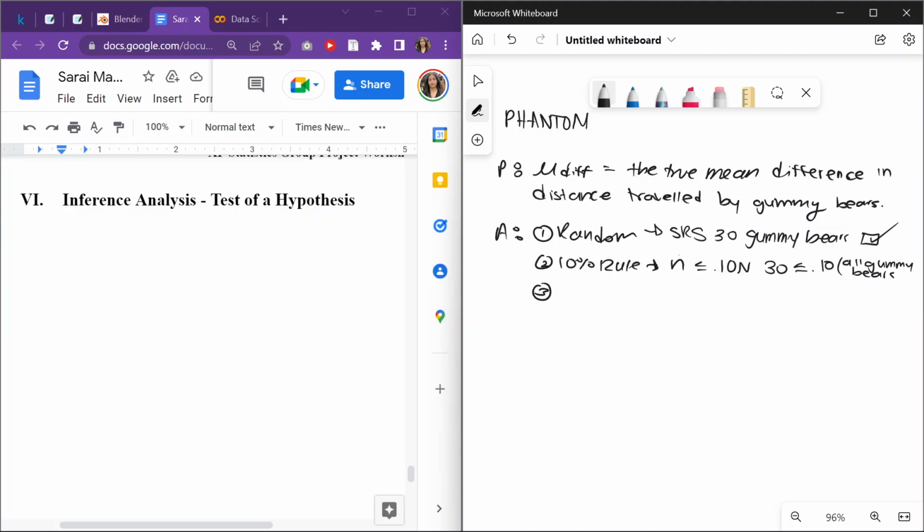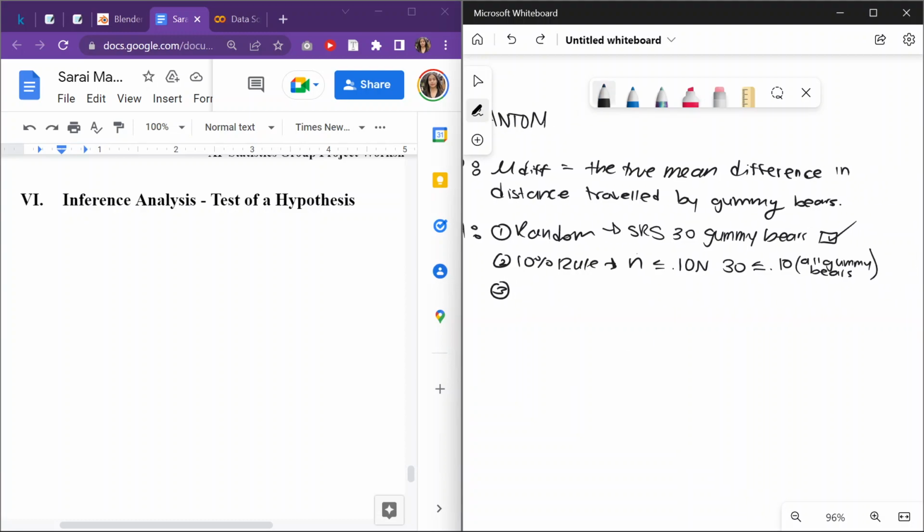We don't know the actual size of all gummy bears, so we just say that this is reasonably true. We can't literally prove it, so make sure you say reasonably true.